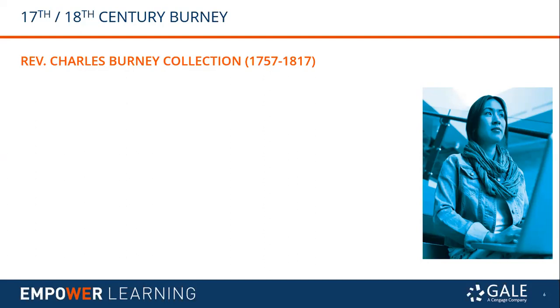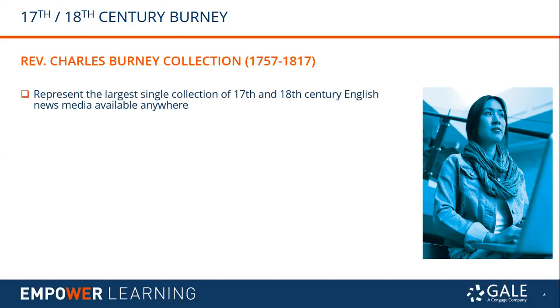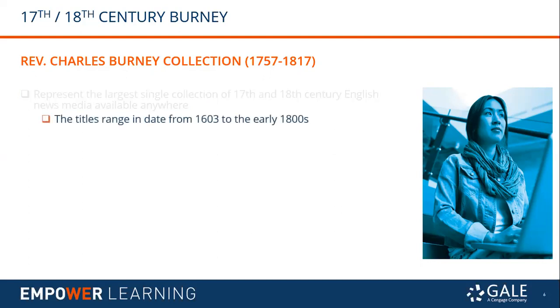He came from a very wealthy family, and his pride and joy was collecting books. At the time of his death, they found 13,000 printed books in his house. This represents the largest single collection of 17th and 18th century English news media available anywhere. The titles range in date from 1603 to the early 1800s.